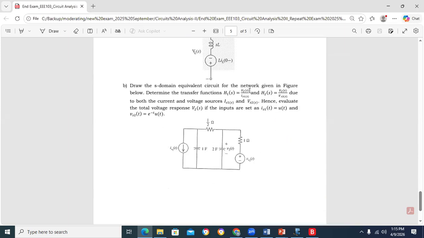V2 is IS1. What is IS1? IS1 means inductor.